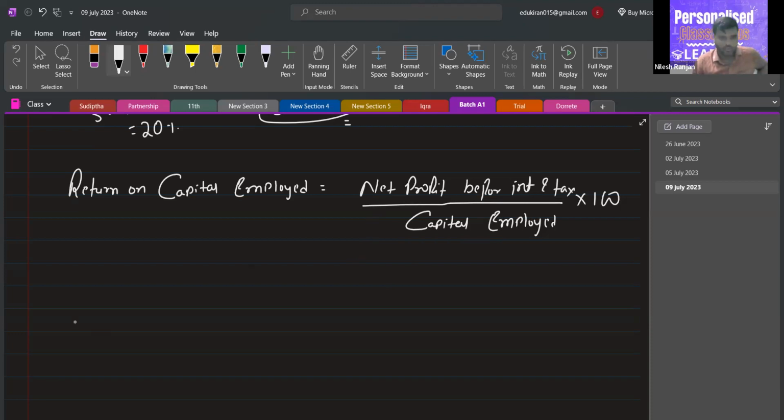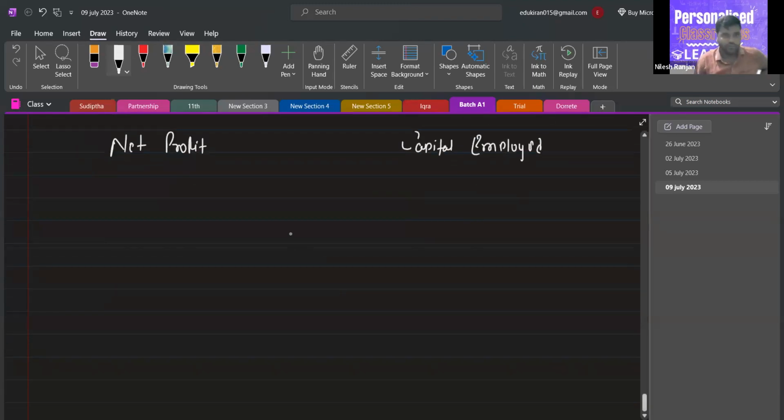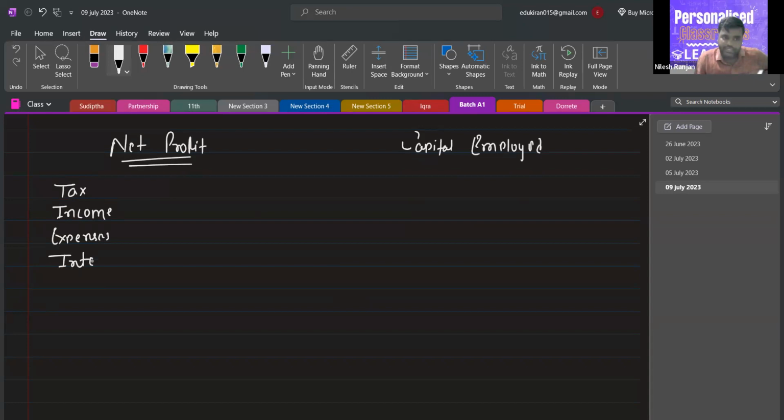Yes, sir. I'm not getting your point. So there is two sides. First is net profit, and the second is capital employed. This actually capital employed formula is inclusive of more items. So we have to remember this, that in net profit, there can be a tax, okay, and any income, expenses, this all will increase or decrease our profit.